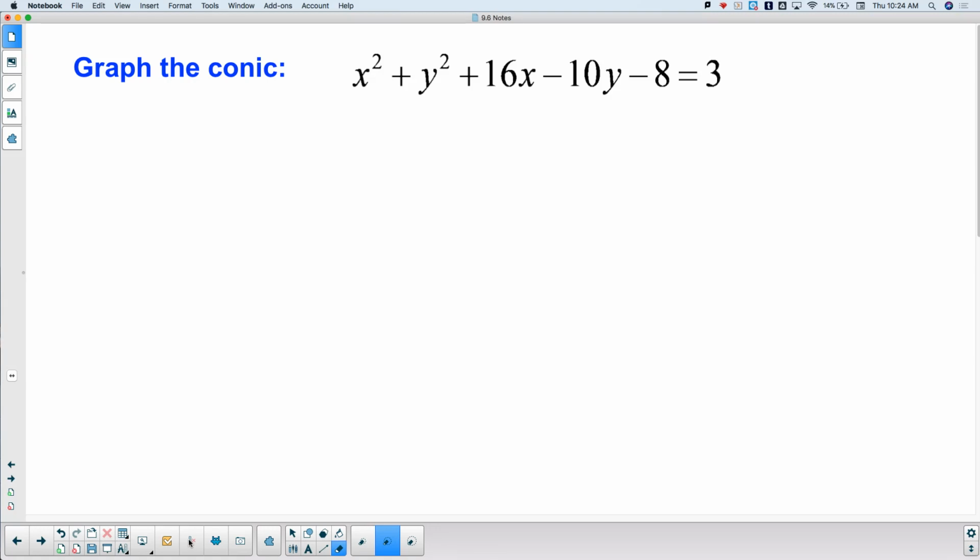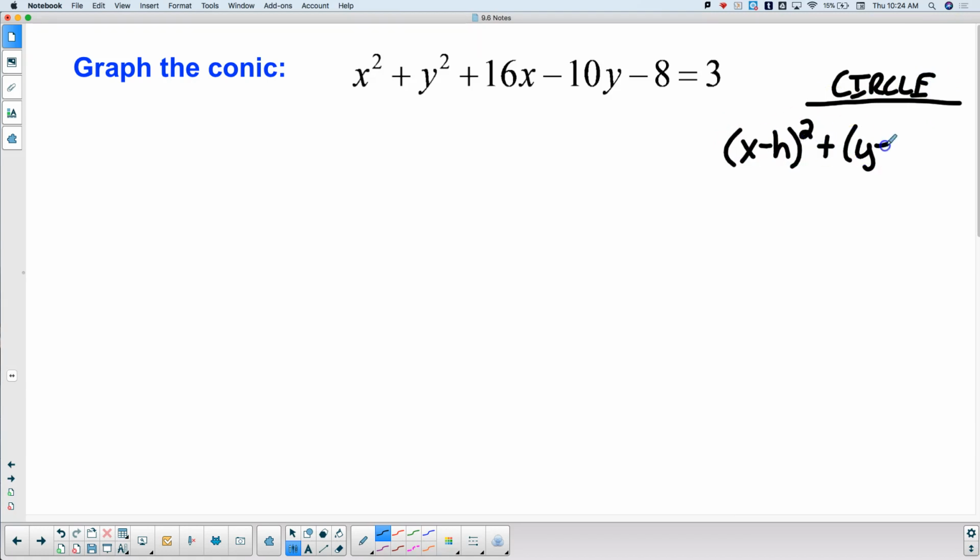That makes it a circle. So that makes it x minus h quantity squared plus y minus k quantity squared equals r squared. Okay, so let's group our x's.